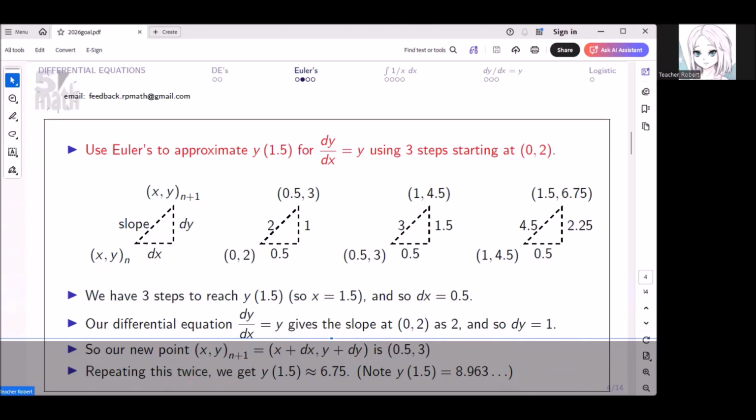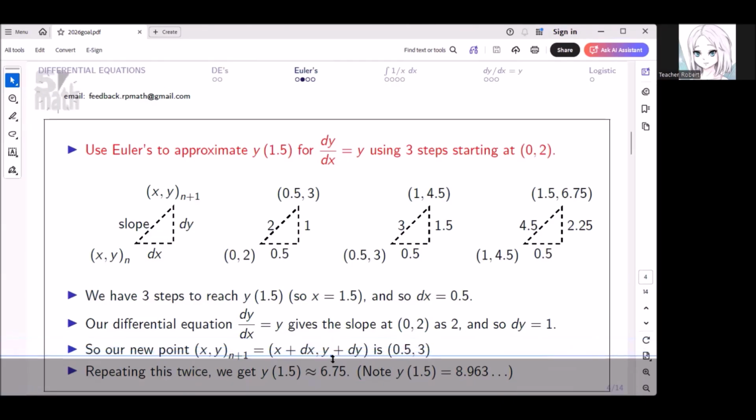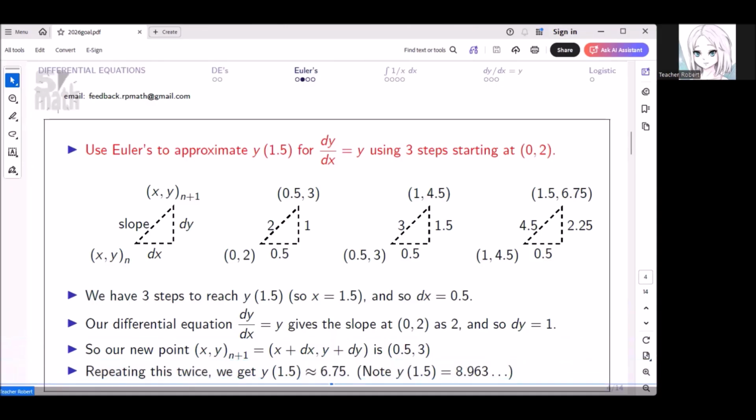Our differential equation dy/dx equals y gives the slope at (0, 2) as 2, and so dy equals 1. So our new point, (x_{n+1}, y_{n+1}) equals (x + dx, y + dy), is (0.5, 3). Repeating this twice, we get y of 1.5 approximately 6.75. Note y of 1.5 equals 8.963 and so on.